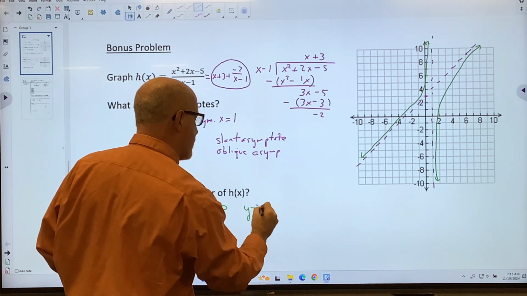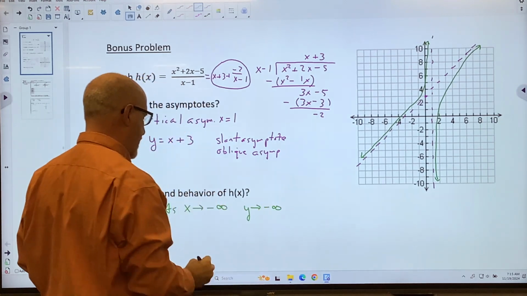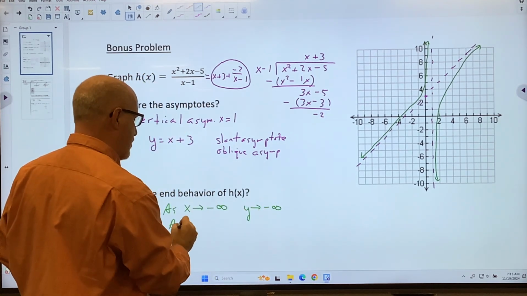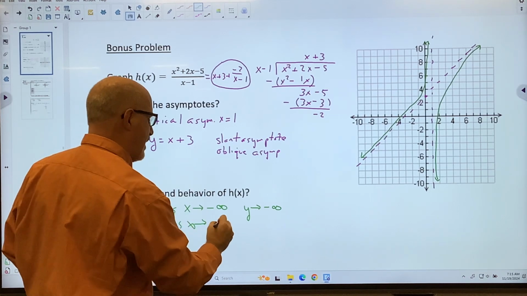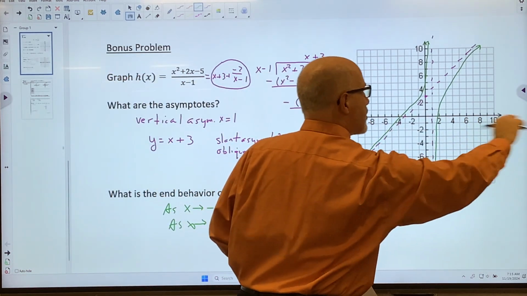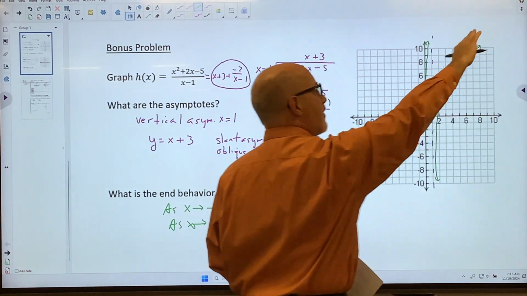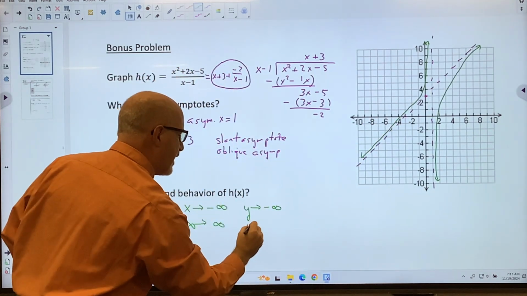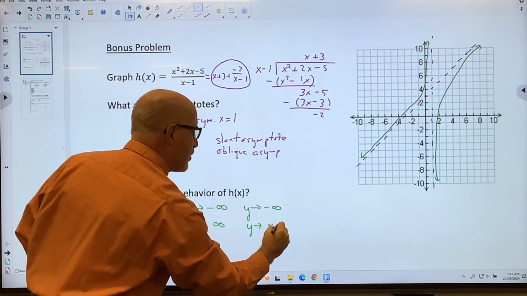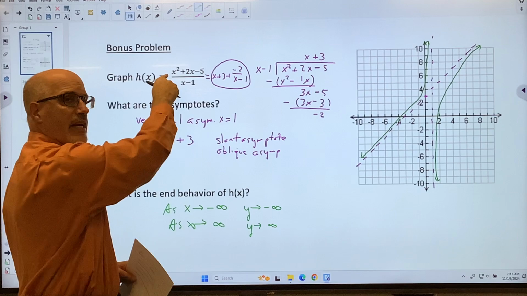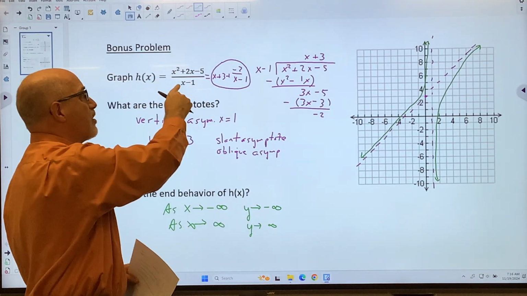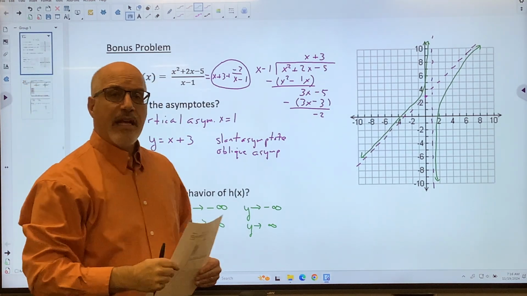So the y goes to negative infinity, following this line. And as x goes to infinity, notice it's going off to infinity, following the line to infinity. So these slant asymptotes are when the degree in the numerator is 1 degree larger than the denominator.